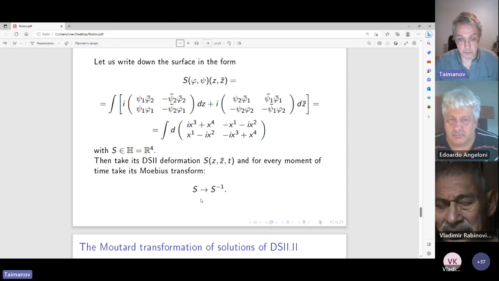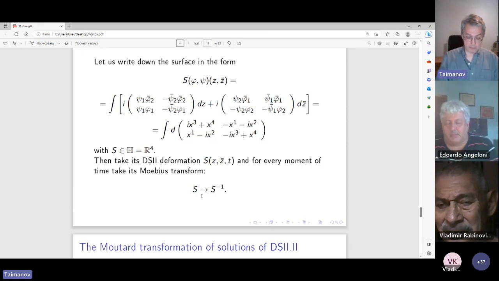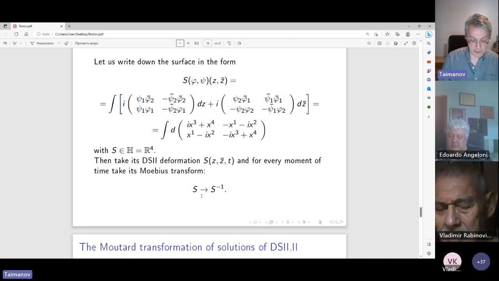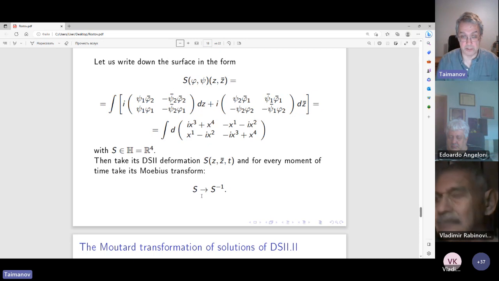This Möbius transformation maps the origin point into infinity. The Möbius transformation is defined not on Rn, but on Sn, so we have to compactify Rn by an infinite point. As soon as it maps the origin to infinity, we do have the singularity of the potential, singularity of the representation.